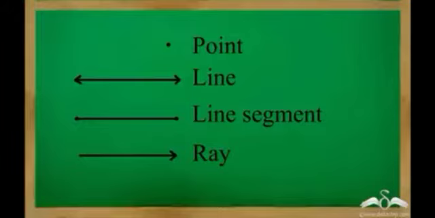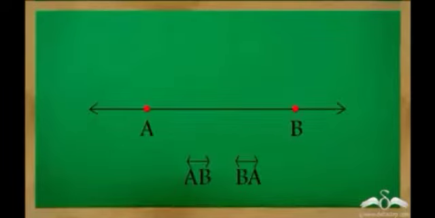Recall that a point is that which has no part, a line is breadthless length, a part of a line with two end points is called a line segment, and a part of a line with one end point is called a ray.